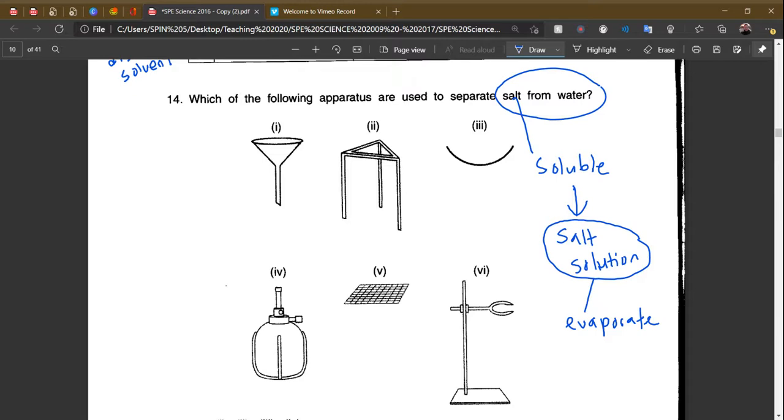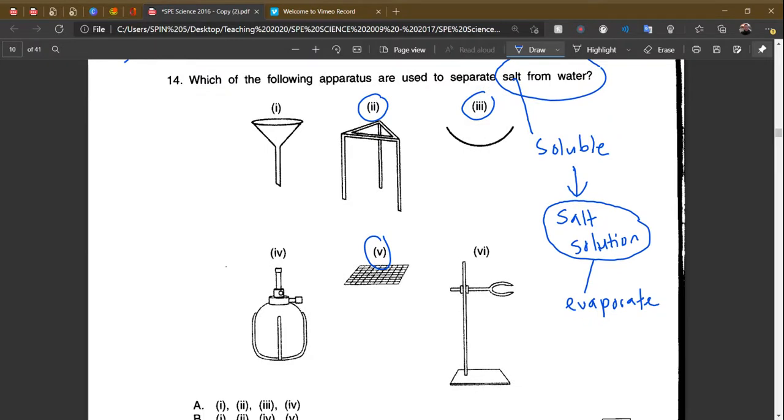And looking at the apparatus, the ones that you need are these three things. You will need to set it up like this: a tripod stand, then you need to put the wire gauze, and the evaporating dish.